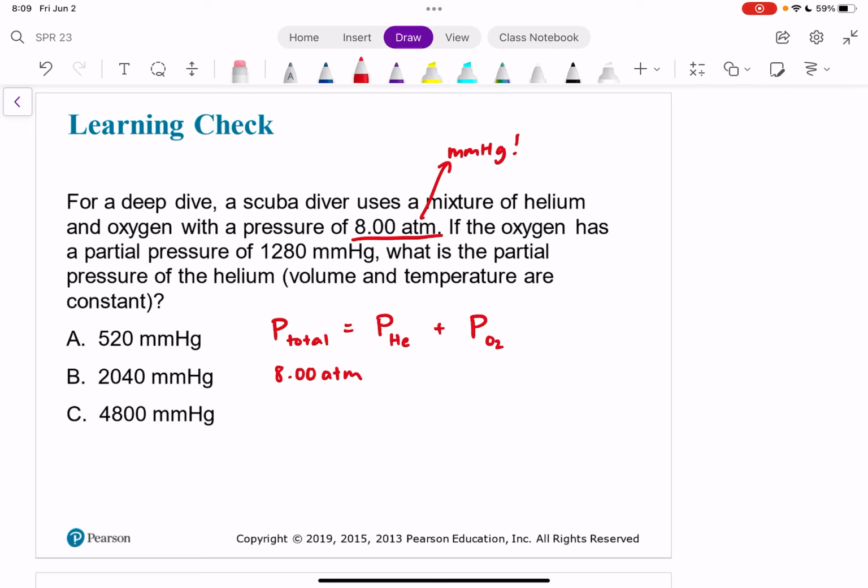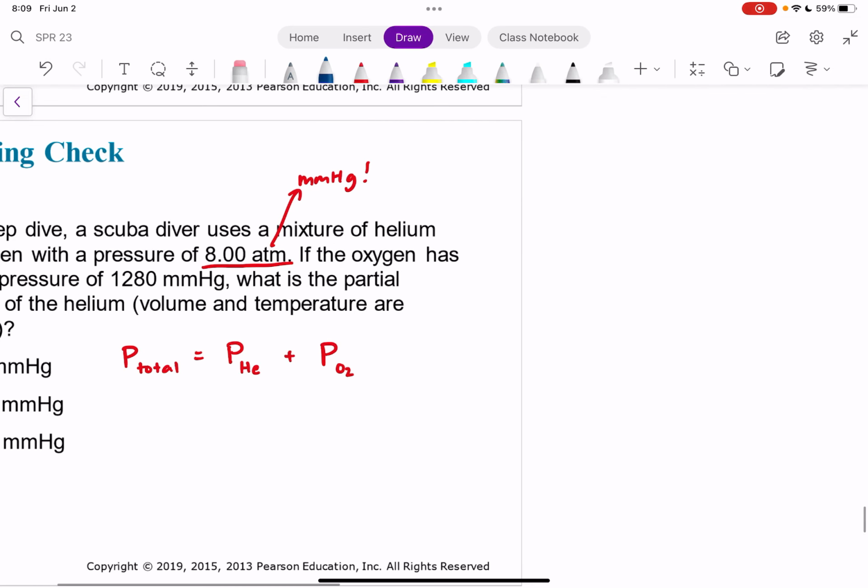So let's do that over here. So we got 8.00 atm total for our P total. We want to end up in millimeters mercury. So remember, 1 atm is 760 millimeters mercury.